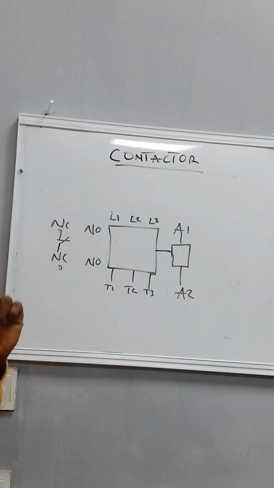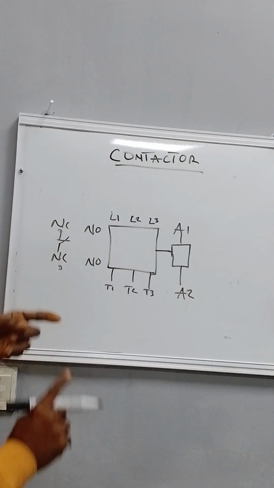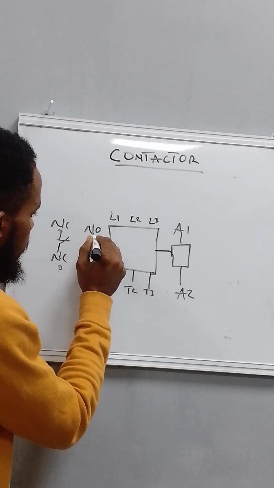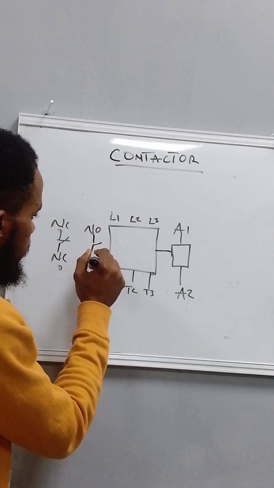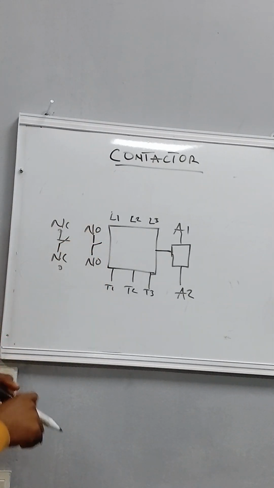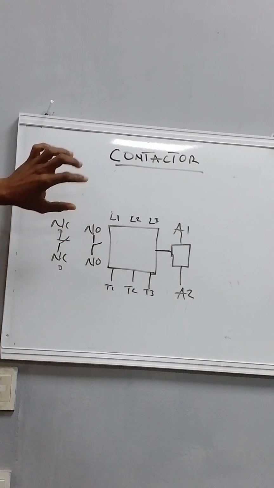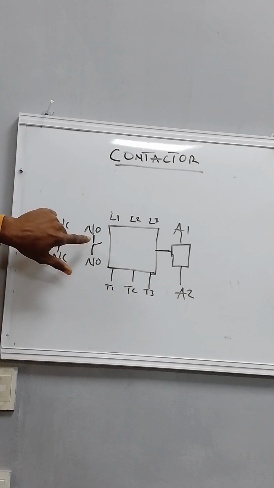If you take your multimeter and read from here to here, you can see it's closed. While here, this is the symbol, you can see it is open. That means normally open. Now the circuit here is open.